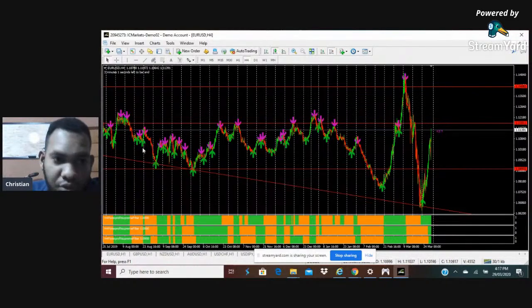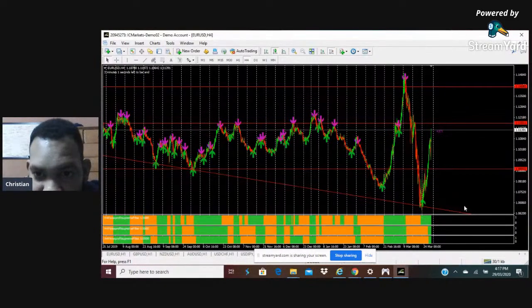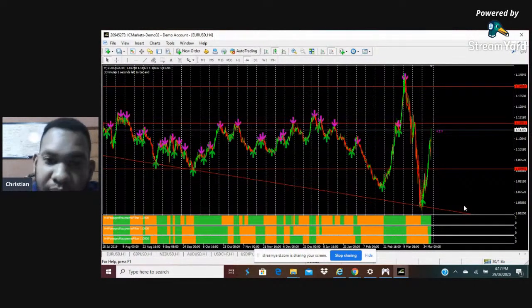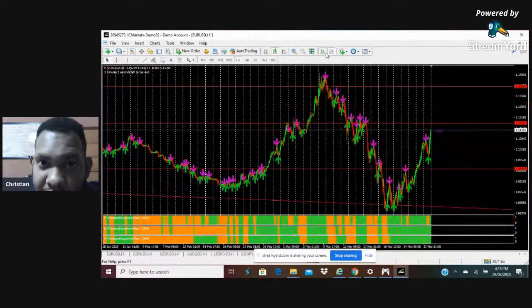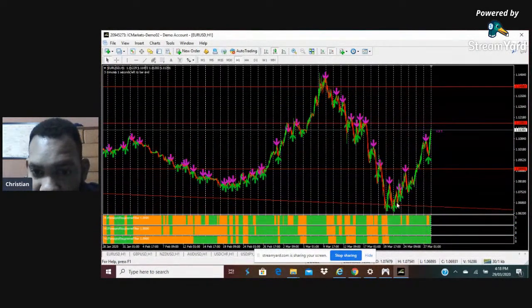So you draw your support and resistance line, and you map out certain areas in the market where the market will have a potential reversal. Since I drew my support and resistance here, I got an indication that the market is going up, right?